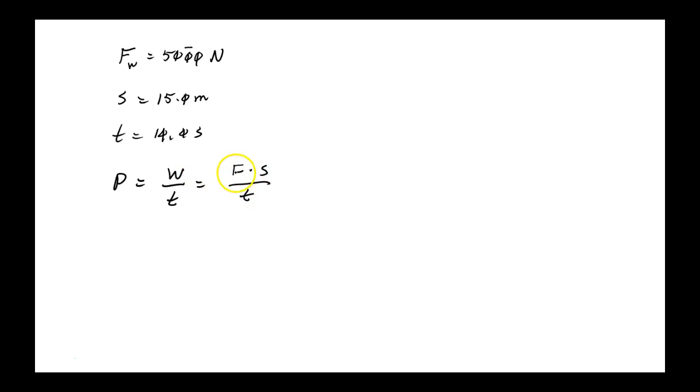Do we have our force? This force is the force due to weight. So this would be 5,000 newtons with the middle zero significant, times, what's the displacement? 15.0 meters divided by 10.0 seconds.